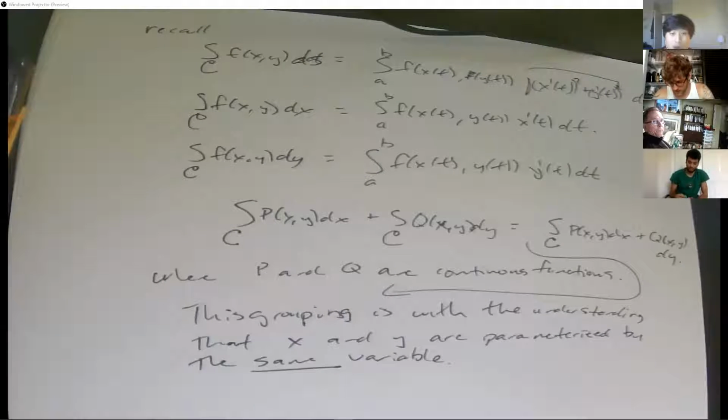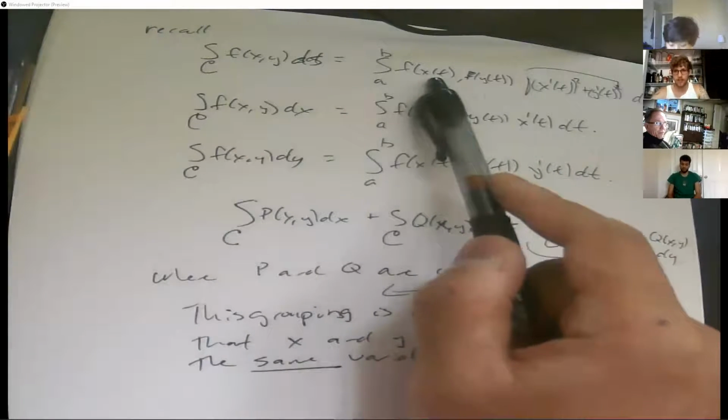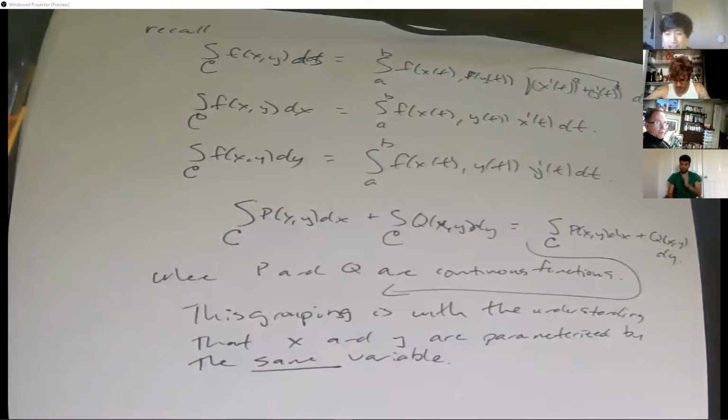So let's think about doing this in a more systematic way, okay? Because I'm getting kind of tired of this stuff here, x of t and y of t. If I want to do this in higher dimensions, I'd have x of t, y of t, z of t, and even higher than that, x of t, y of t, z of t, w of t.